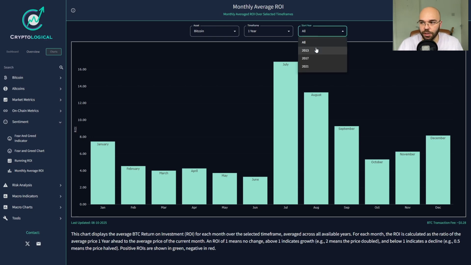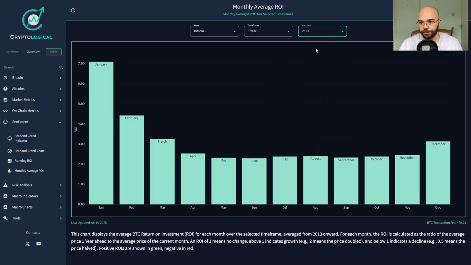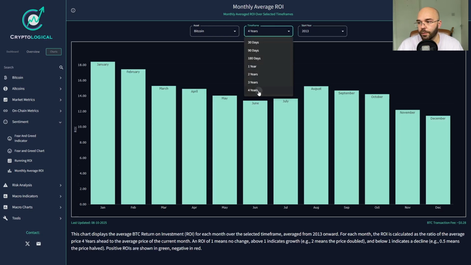So we can actually filter the start year from 2013 and then have a look at how far out we're going to measure the average ROI from. So if we start with 4 years, we can see October is kind of middle of the range. It does okay. But we're talking about much shorter time frame moves because we're coming up to the end of the cycle. So let's go down to the other end.